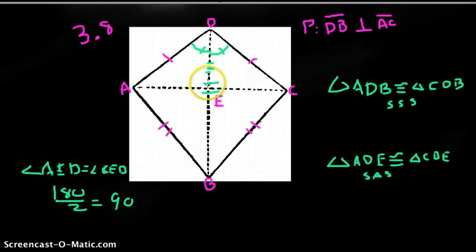So now, because you know that this angle is 90 and this angle is 90, that means that this angle is also 90 and this angle is also 90, and you can figure out that line DB is in fact perpendicular to line AC because it's 90 degrees here, 90 degrees here, 90 degrees here, and 90 degrees here.